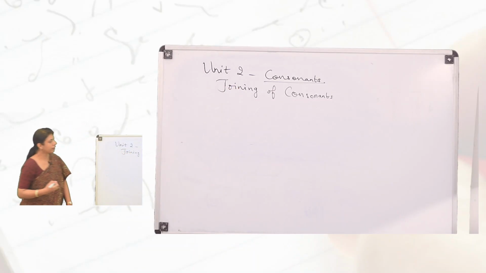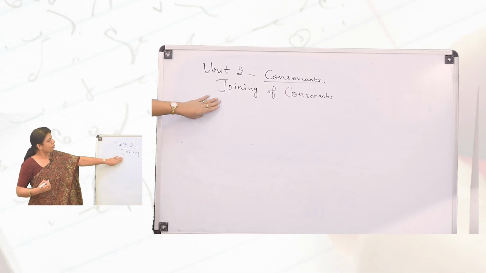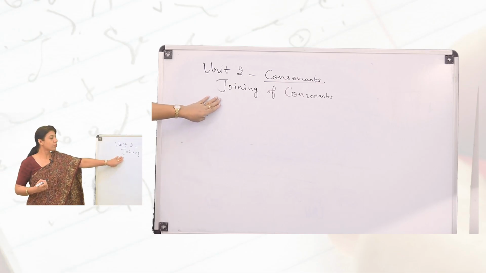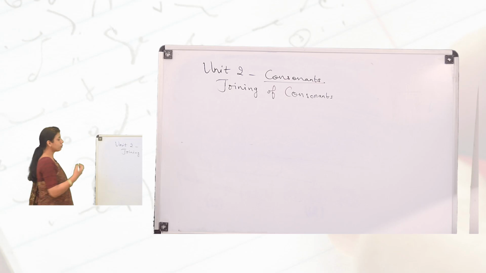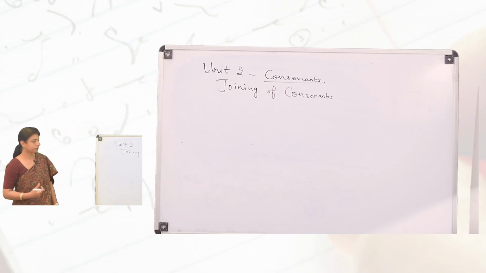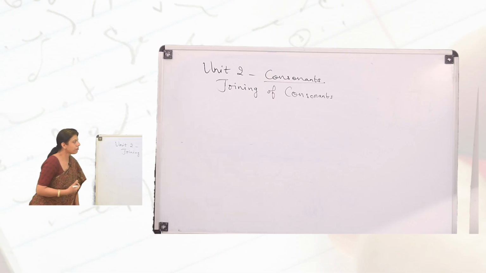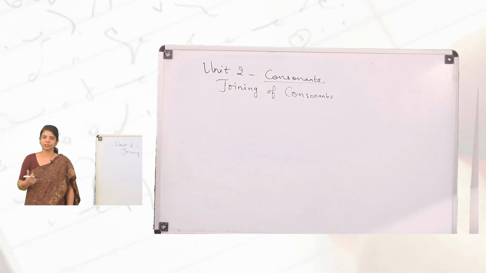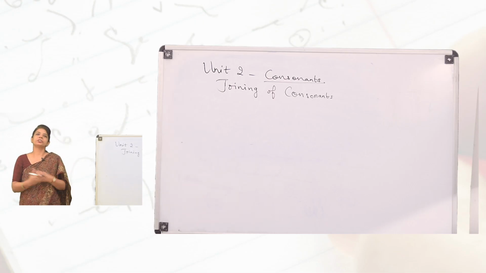Now before we go into the rules for joining, we should know what we mean exactly by joining. Whenever we are teaching alphabets in English, we tell a child to combine those alphabets.